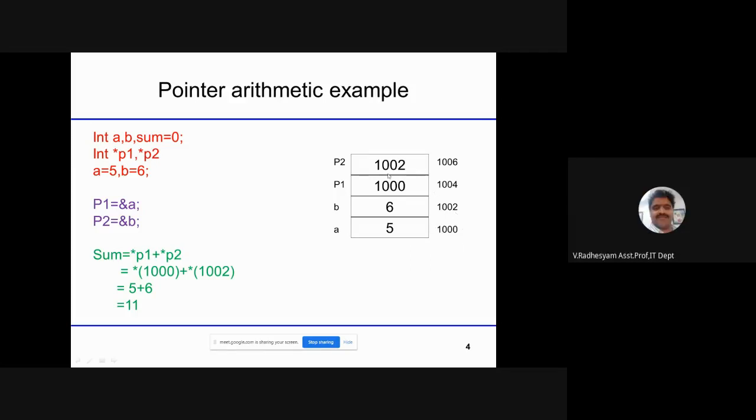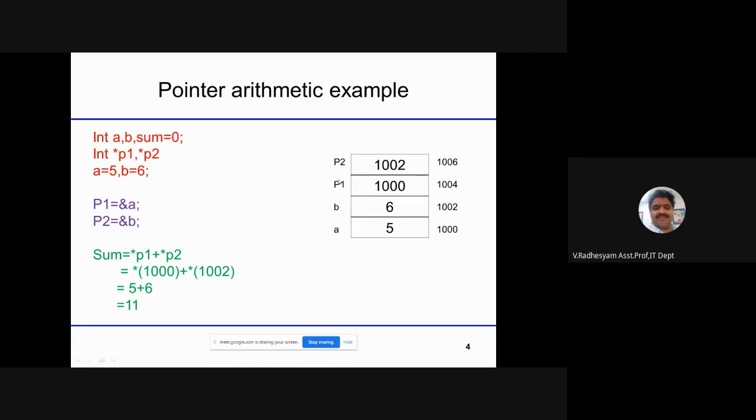It is held by P1. P2 is the address of B, which is 1002. It is held by P2. But P1 also has some address, 1001. P2 also has some address, 1006.